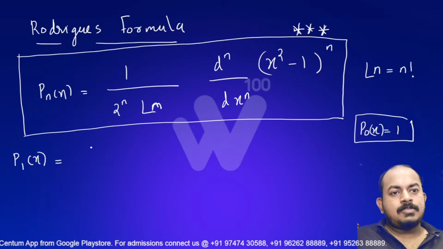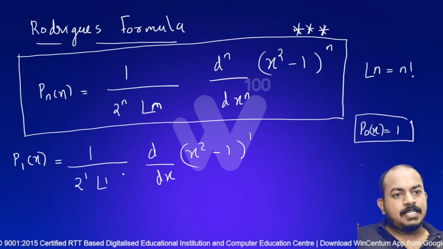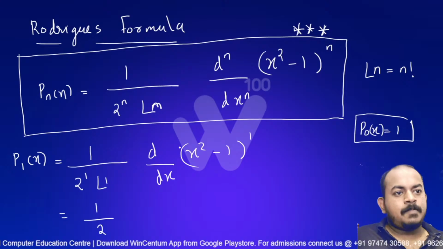P1 of x equals 1 upon 2 to the power 1 factorial 1, d by dx of (x square minus 1) upon 1. Okay, so we have to differentiate this. So this becomes 1 upon 2 to the power 1, which is 2, and factorial 1 is 1. And on differentiating, we will get 2x, and this becomes 0. So we got p1 of x equal to x.